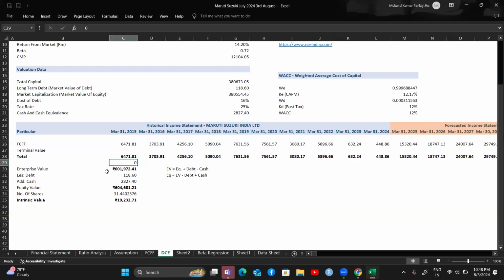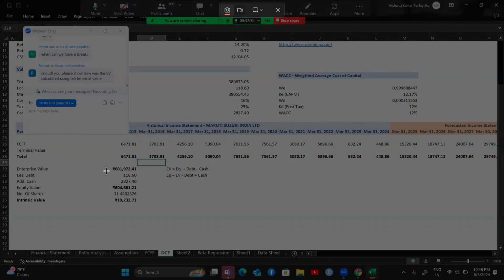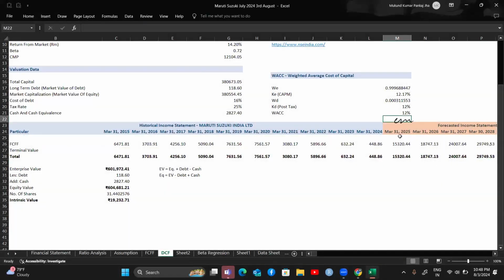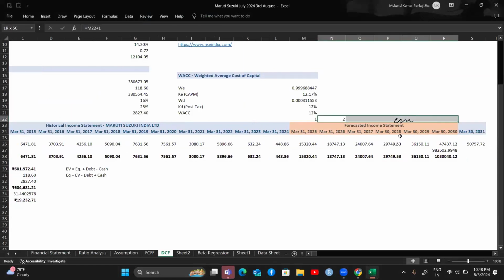We could have also calculated this using the concept of time value of money. Let's say this is my first year, this is my second year, and this is my sixth year. The formula for present value would be future value divided by 1 plus r raised to n. This is what we could have calculated.